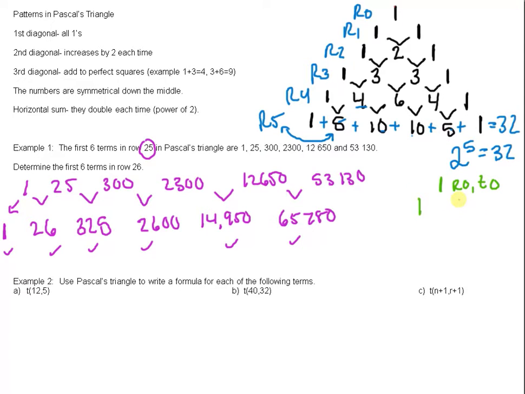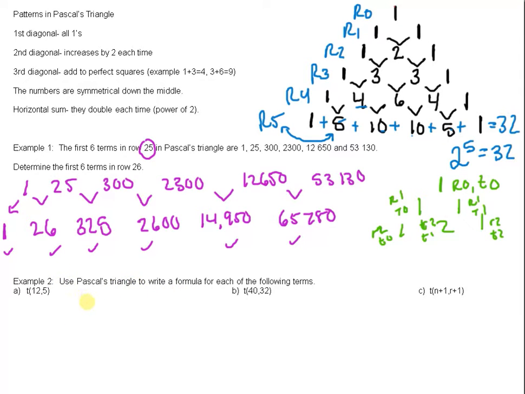And then this would be row 1, term 0, row 1, term 1. Okay? Row 2, term 0, row 2, term 1, row 2, term 2. Okay? And we see that these are added.